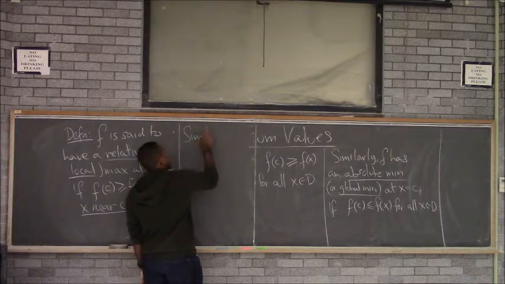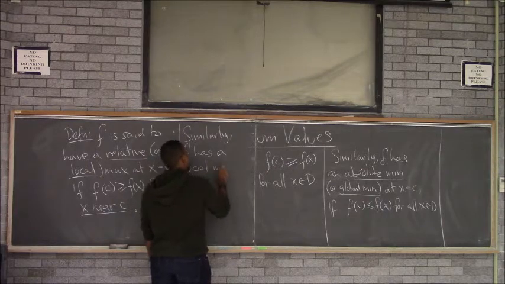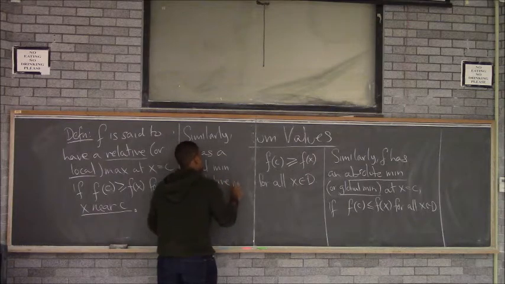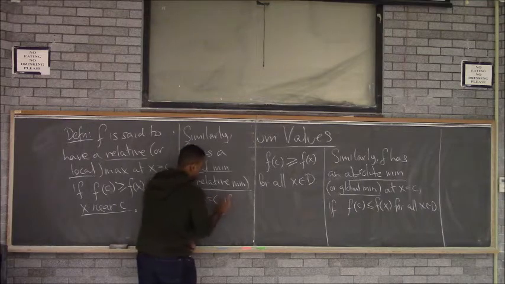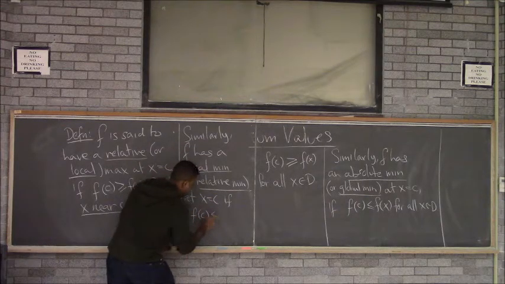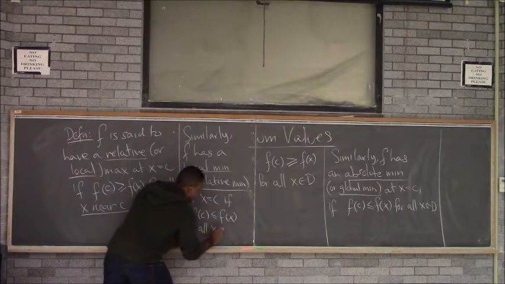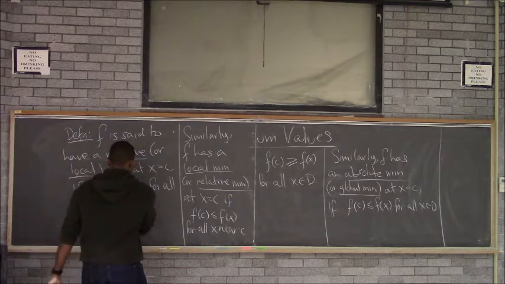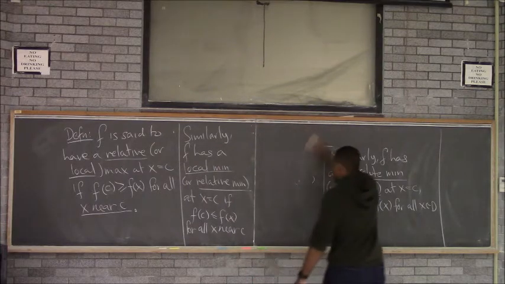Similarly for a relative minimum. These are called the absolute and local maximum and minimums.